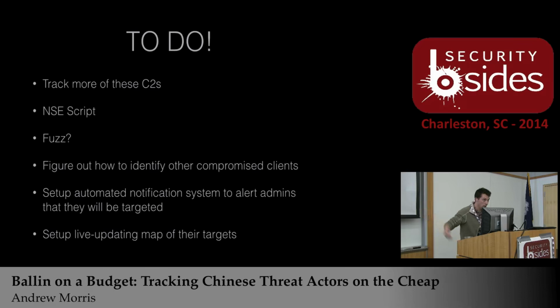I'd like to let people know, hey, your box got popped. I would like to build an automated notification system so that as these target IP addresses are leaked out of the C2, or as the instructions are sent out, there's an automatic whois lookup of that IP address, and then an email gets sent to the contact email address saying, hey guys, batten down the hatches because you are about to get hit with a DDoS attack.